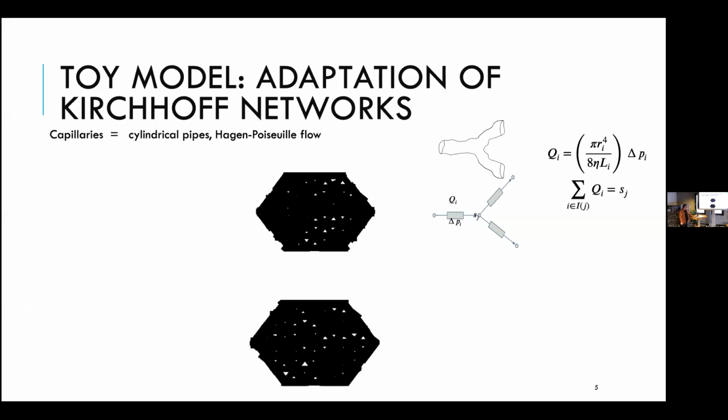Okay, but now let's talk about adaptation. The idea is that you have some flow in on a node, in this case, so ignore the hexagon on the bottom for the moment. In the hexagon on the top, we're going to inject flow into the middle, and then we're going to have some sinks on every other node, some small pressure drop sinks everywhere, and a large pressure drop source in the middle.